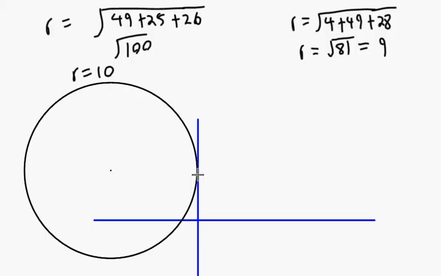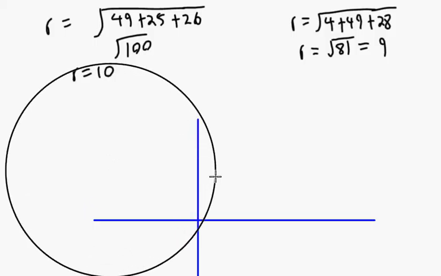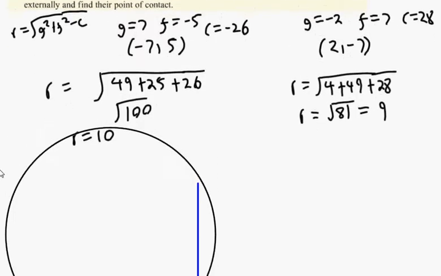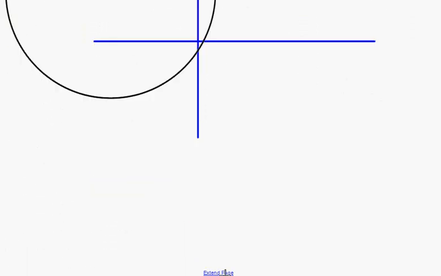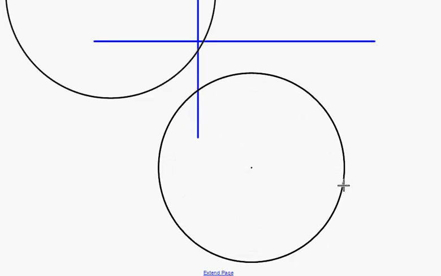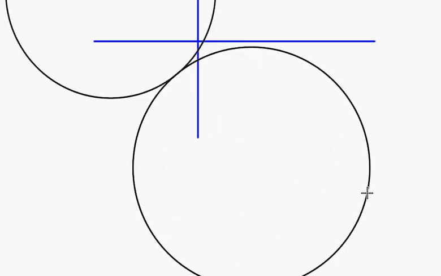Then it has a radius of 10, which means it'll go back across the axis. The other one has a centre of 2, -7, which will put it down here, and it has a radius of 9. So both of them touch each other once. Is that alright with you guys?